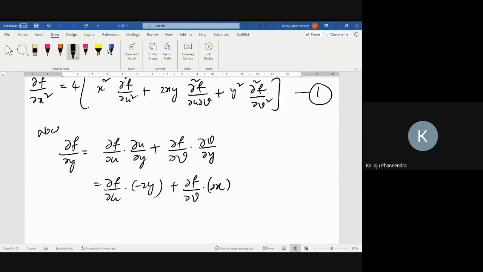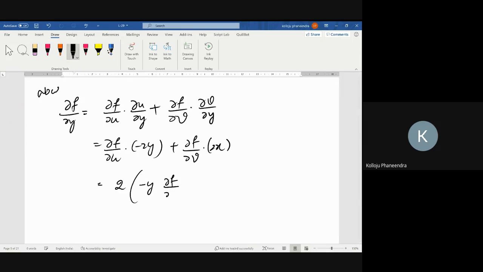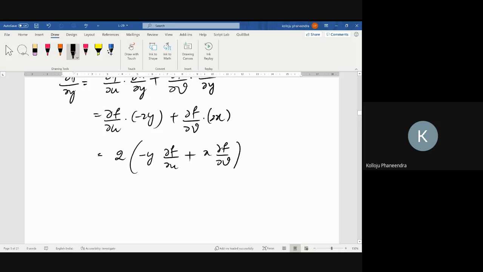Okay, therefore this implies, I will write, taking 2 common, minus y ∂f/∂u plus x ∂f/∂v. So this is the value of ∂f/∂y.